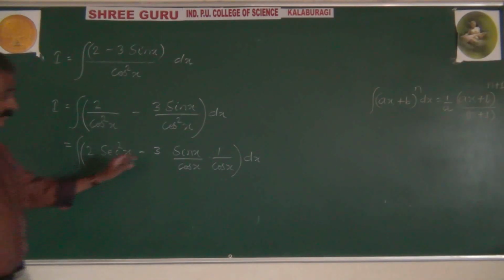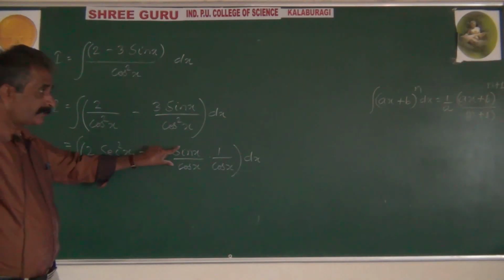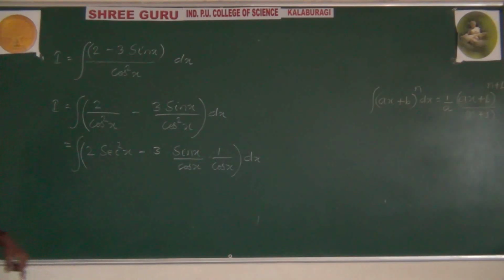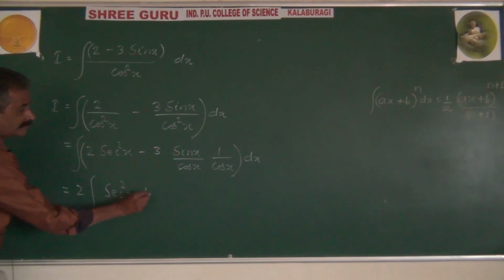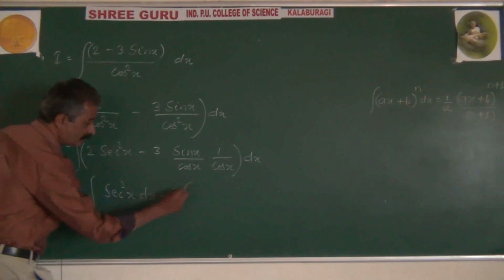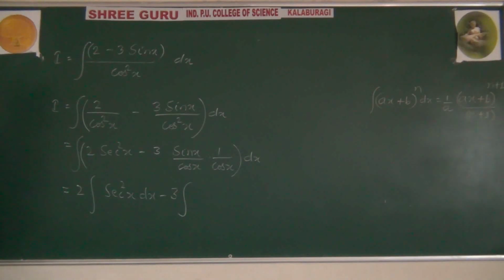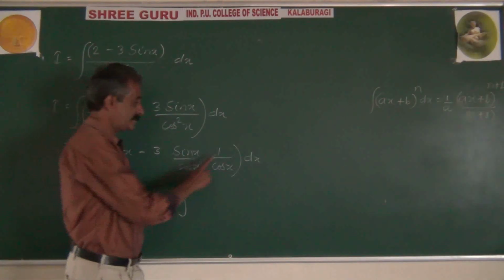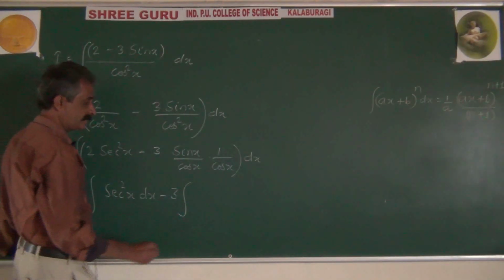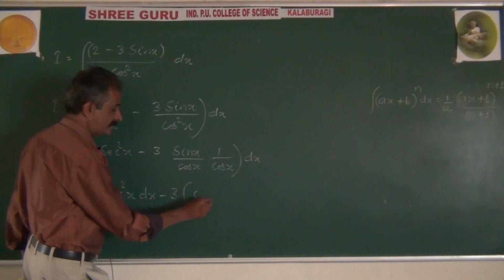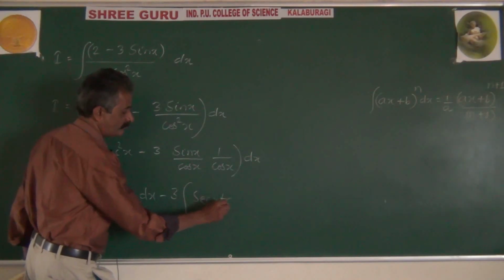So that sin x by cos x is tan x, 1 by cos x will be secant x. That is equal to integration, 2 can be kept, 2 into integration secant square x dx, here 3 outside, into integration, at the same time sin by cos tan, 1 by cos of secant, so it is sec x into tan x.